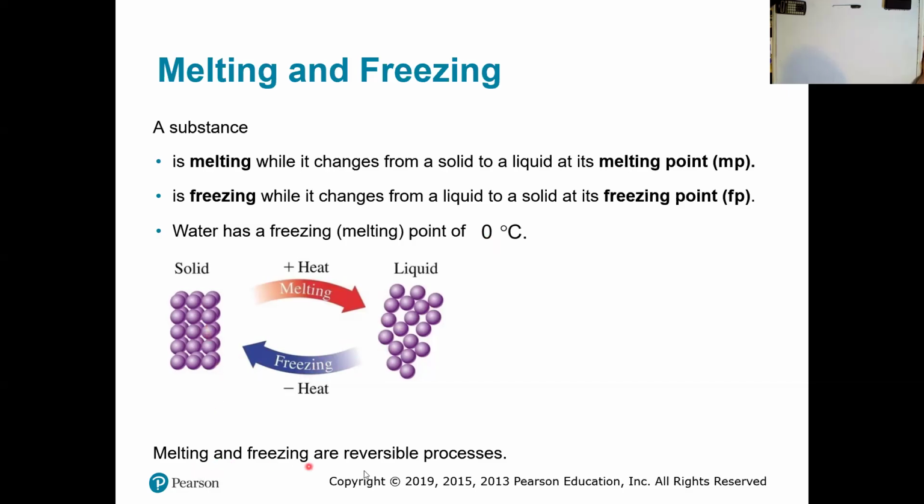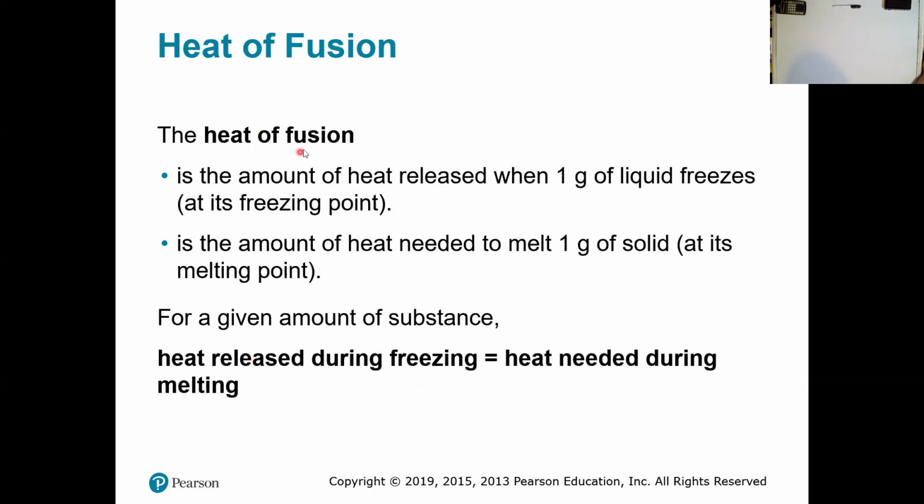Melting and freezing are reversible processes, like all phase changes. Every phase change is a reversible process. You just reverse it by either adding or removing heat from the physical state that you're currently in. Fusion is another word for melting. It's the fancier word for melting.